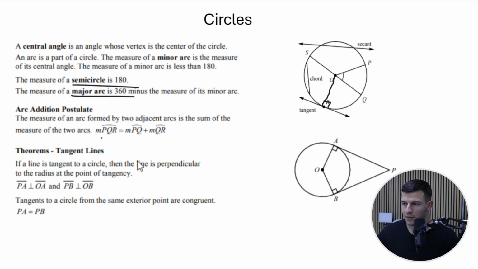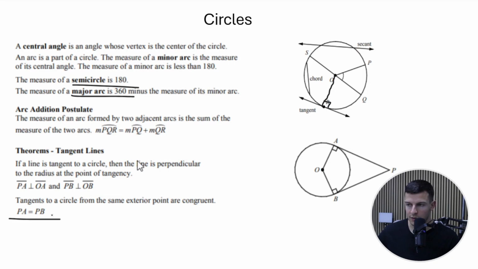So they're complementary, meaning they add up to 360 degrees. What else do we need to know here? This one is simple: tangent lines. If a line is tangent to a circle, then the line is perpendicular to the radius at the point of tangency. So that's what I just talked about. If we have tangents, it doesn't matter where, that tangent will always create a 90-degree angle with the radius.